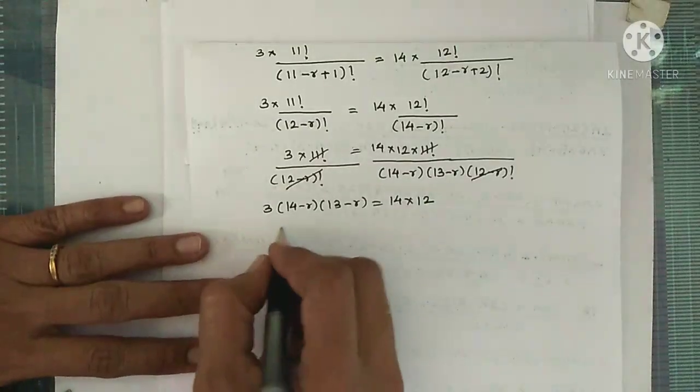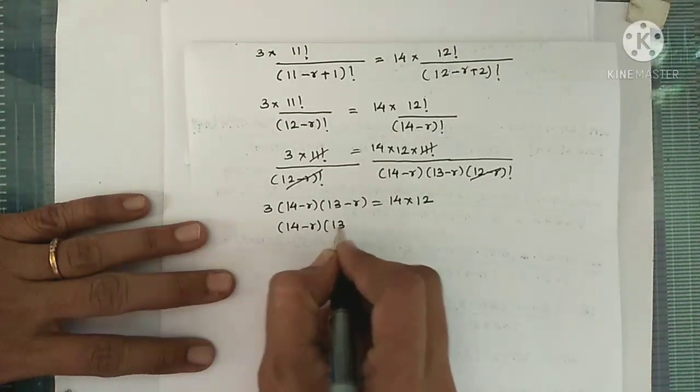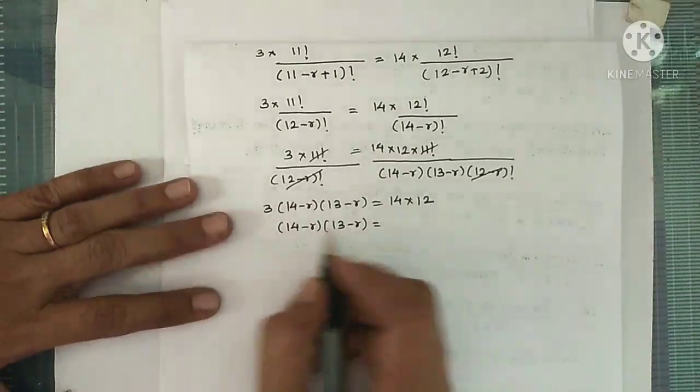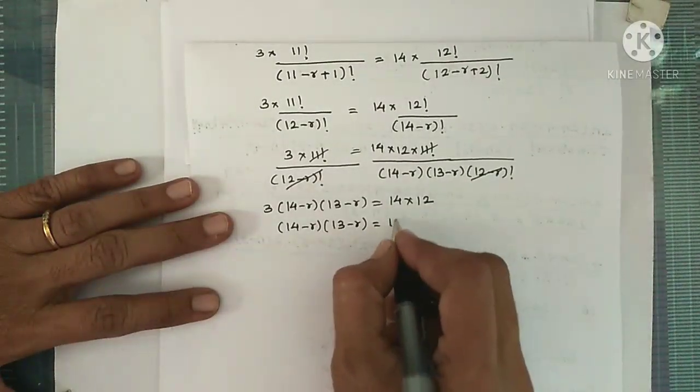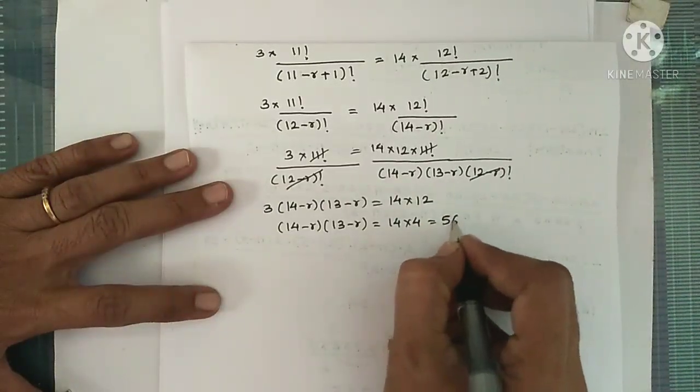Now let's divide by 3. So this is (14 minus r)(13 minus r), dividing by 3, this is 14 into 4, that is 56.